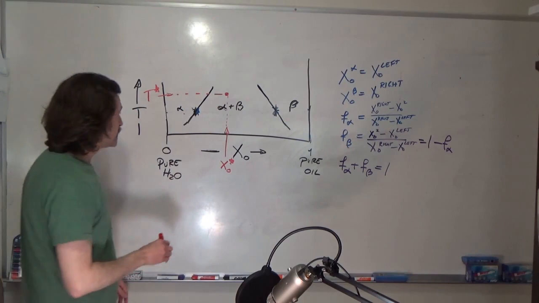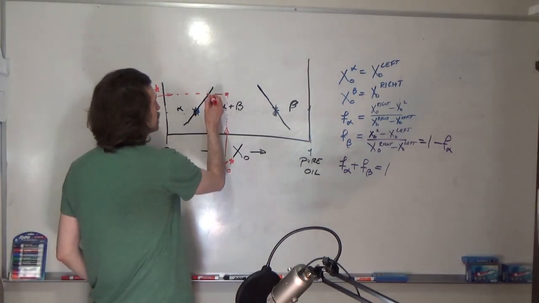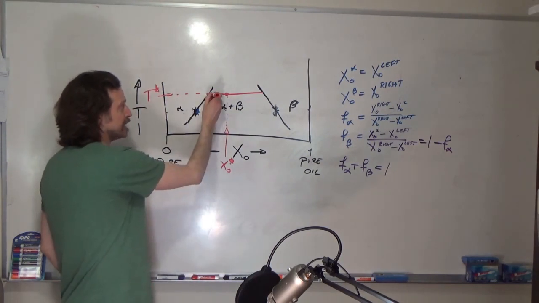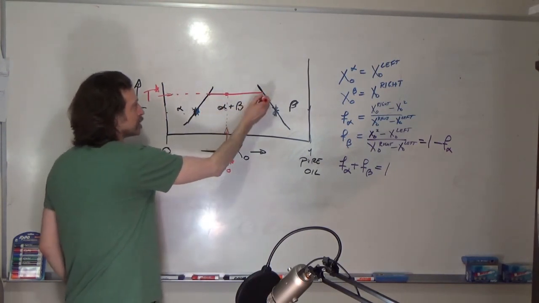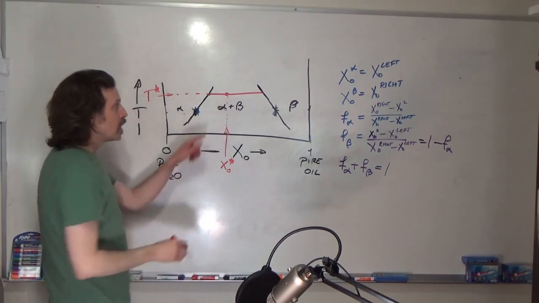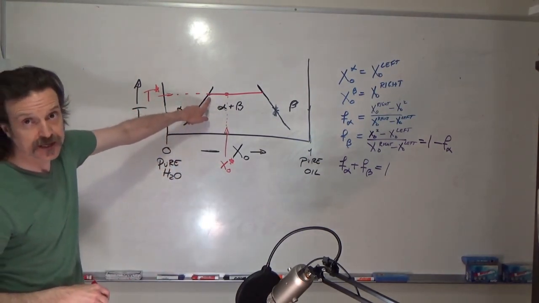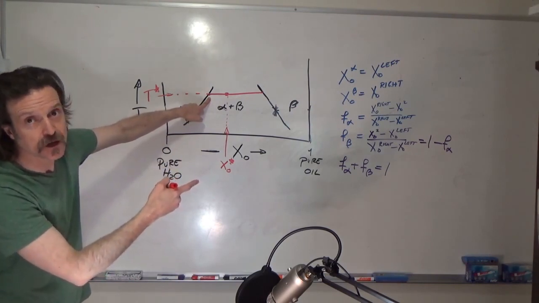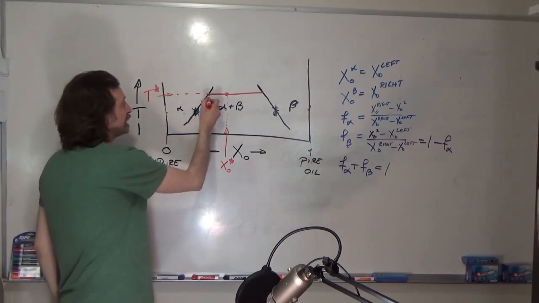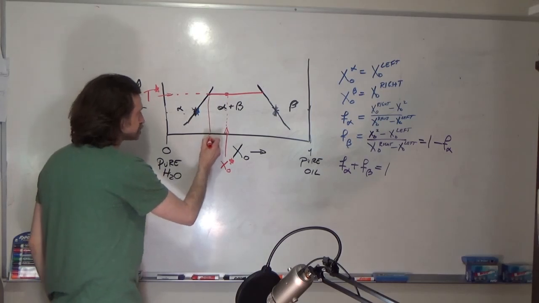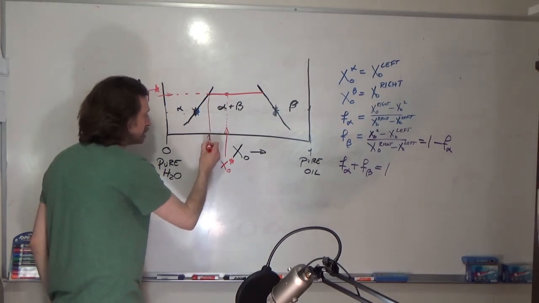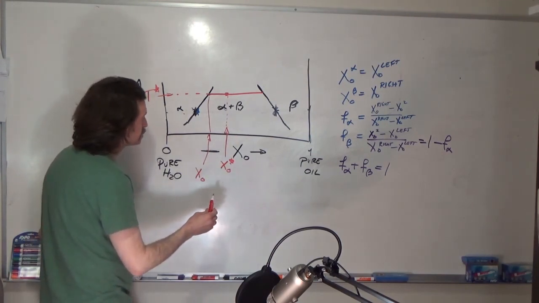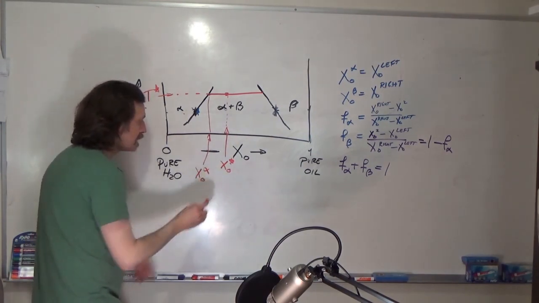And now what we can do is we can draw a line here to here. We can draw a vertical line where we're touching the phase boundaries in the diagram, and these phase boundaries, again, this is our solubility limit, just like we talked about before. So that point is XO alpha.